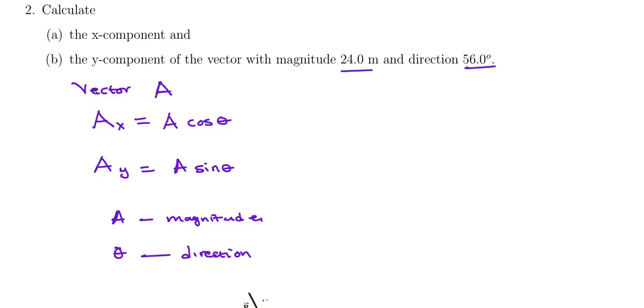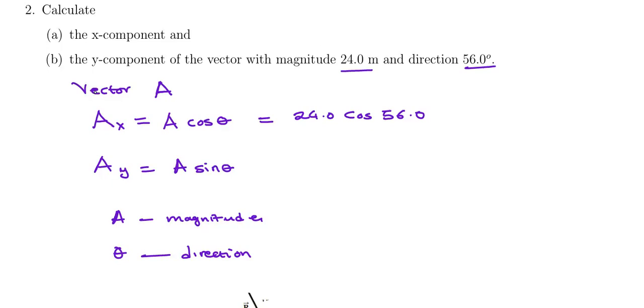So to find the x component, we are going to say the x component will be 24.0 cos 56. So you take that now on your calculator: 24 cos 56.